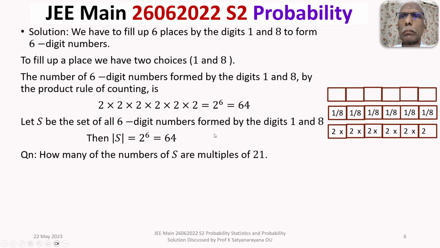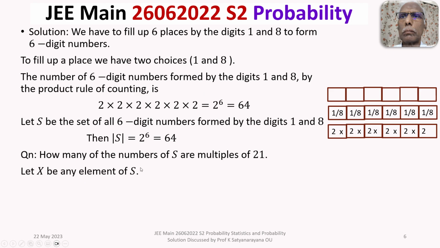We have to randomly choose a number from this set S. If that randomly chosen number is a multiple of 21, then it is a favorable outcome. The question is, how many of the numbers of S are multiples of 21? That means, what is the total number of favorable outcomes?